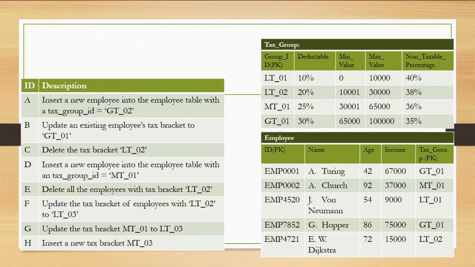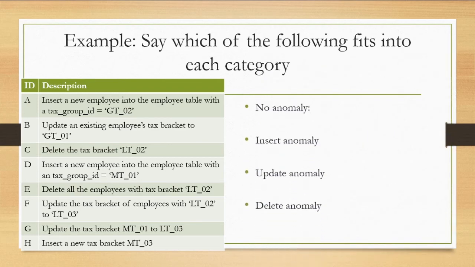Okay, let's look at the example output, or the answers. So, non-anomaly is B, because GT01 does in fact exist in our table. D is insert a new employee into the employee table with a tax group ID of MT01, which does exist in our tax group table.